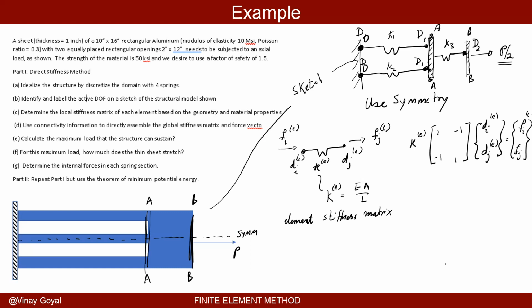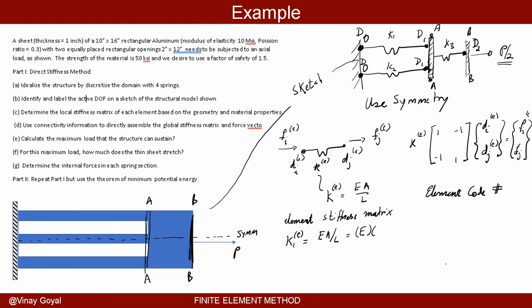All right. So now for each element, we define the stiffness, right? Remember that if you're using symmetry, the stiffness of K2 will be different with respect to the stiffness of K1, right? The area is different, but the length is the same.